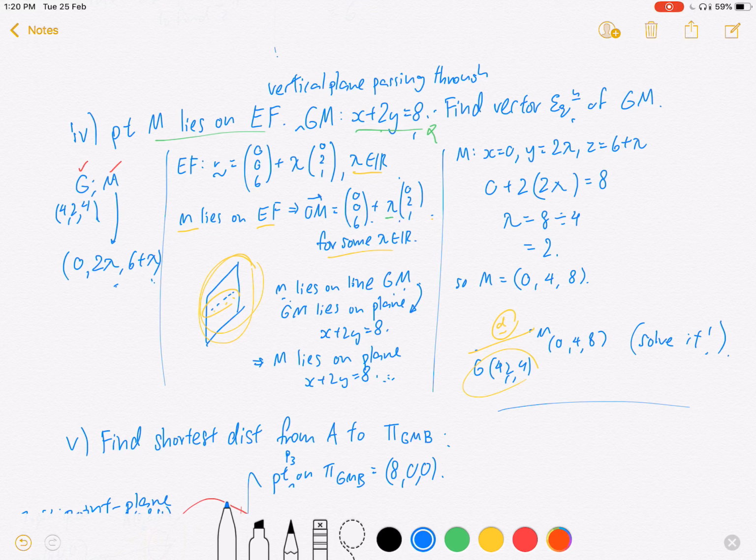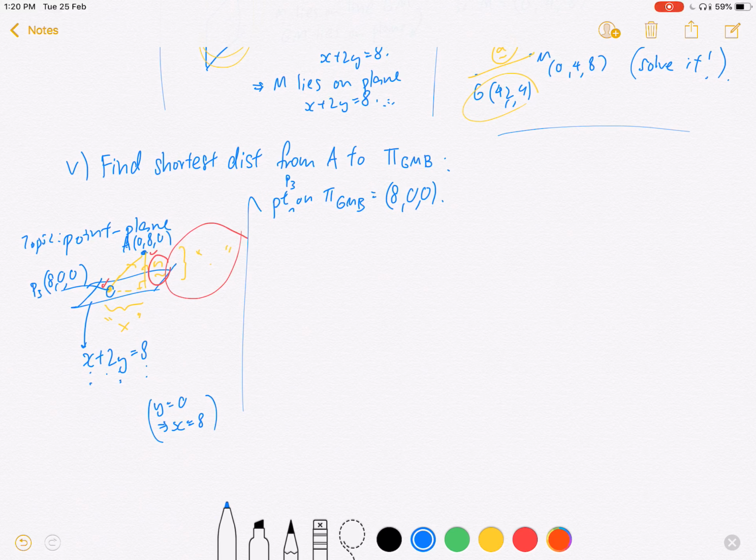Go ahead and find any 3 points that lie on the plane. 3 points to get 2 direction vectors. 2 direction vectors to get me a normal. Okay, I have 1 point, so okay. Then I want another 2 points, right? Okay, let me call P4. Okay, now let me make x equals to 0. So y must be 4.